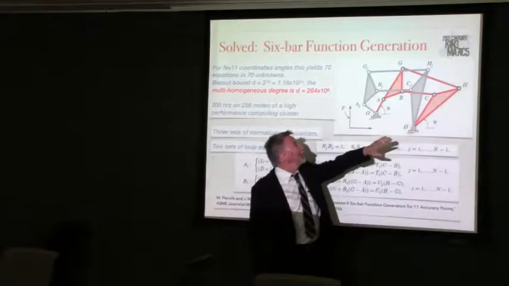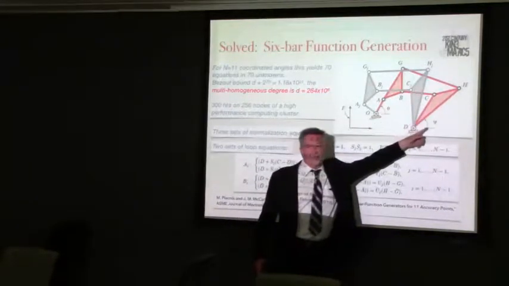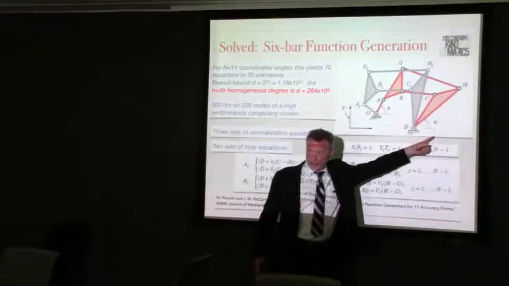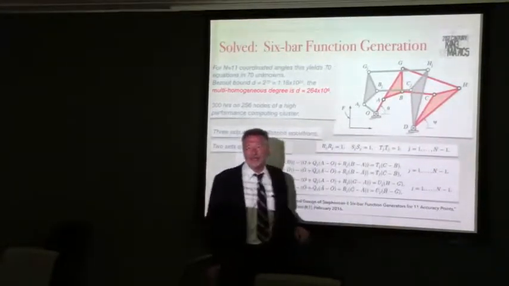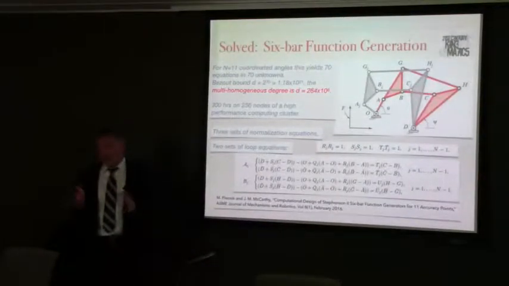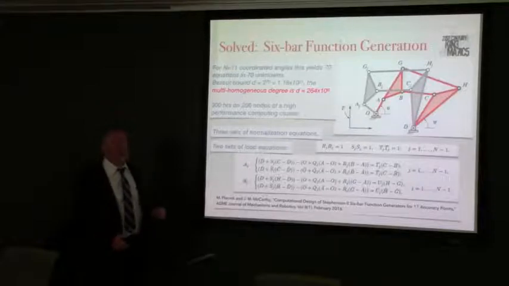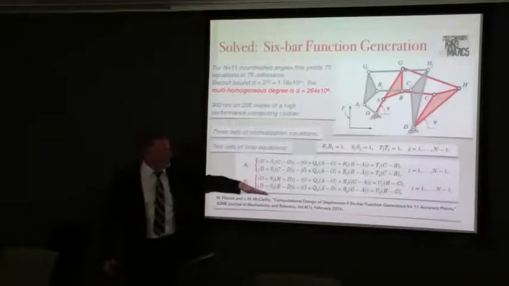So what we'll say is that I want to design this device so this output is a prescribed function of this input. Now again, we cannot fit a continuous curve, so we're going to fit it at a discrete set of points.